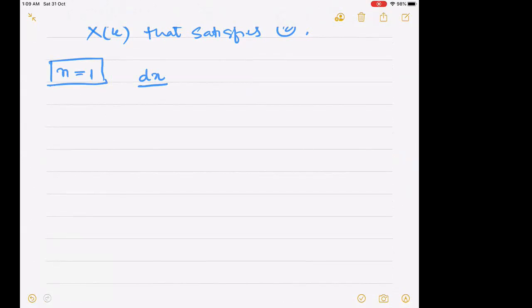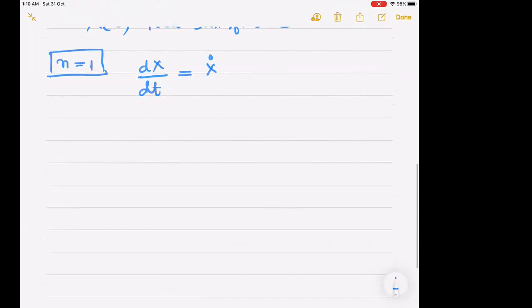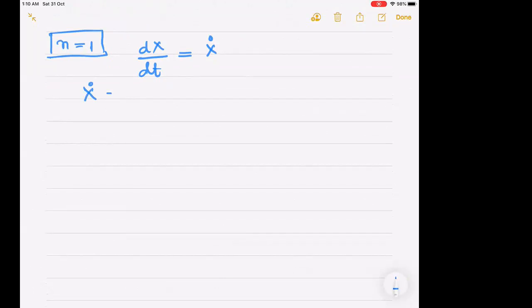So the shorthand that we use is x dot. So here we have x dot equals ax, where a is just a scalar, because it's n equal to 1.